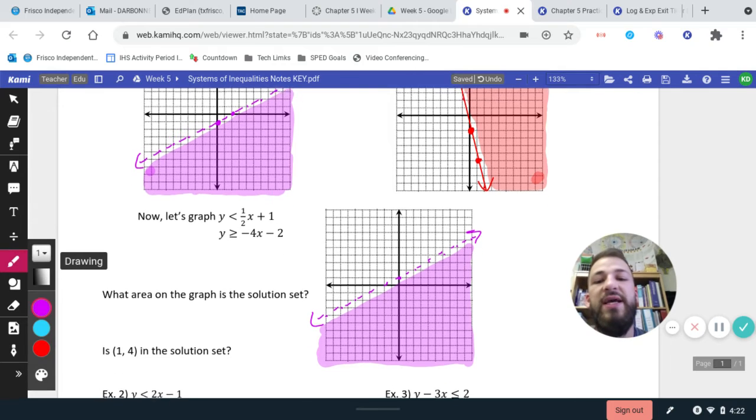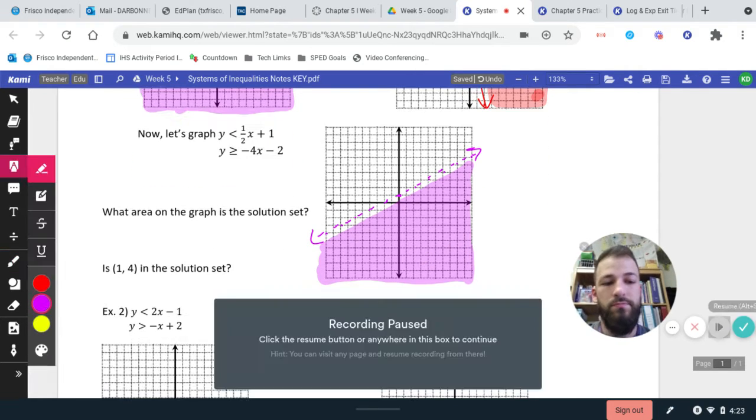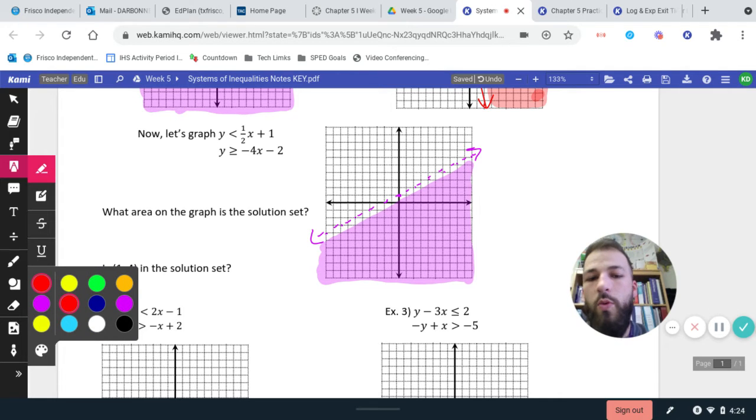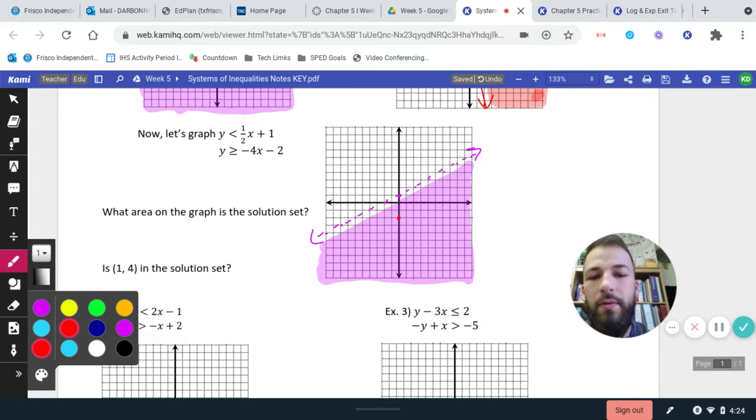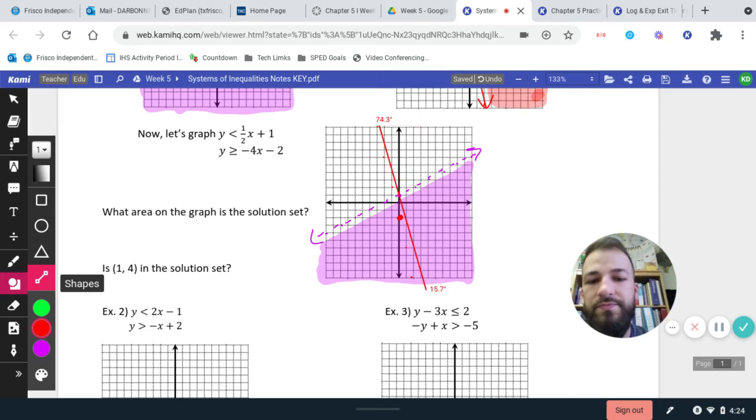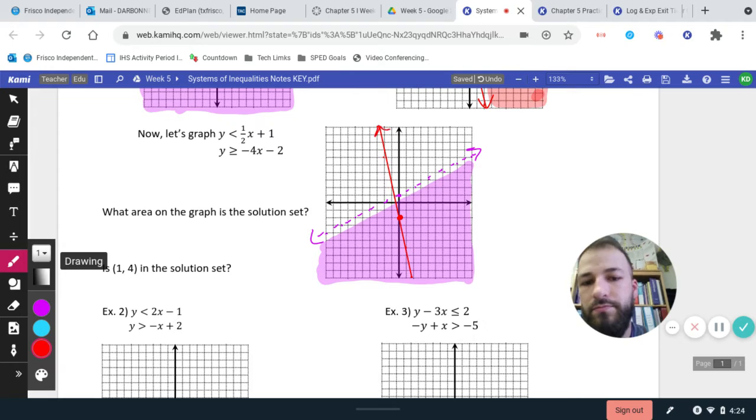And then my second equation, y equals -4x minus 2. So y-intercept of -2. Slope of -4/1, so down 4, to the right by 1. And same thing in the opposite direction. And of course, this one was a solid line. And it is greater than or equal to, so we did shade above.